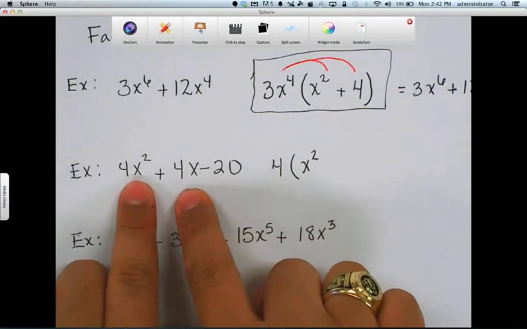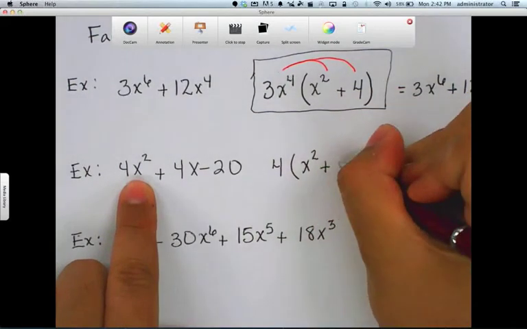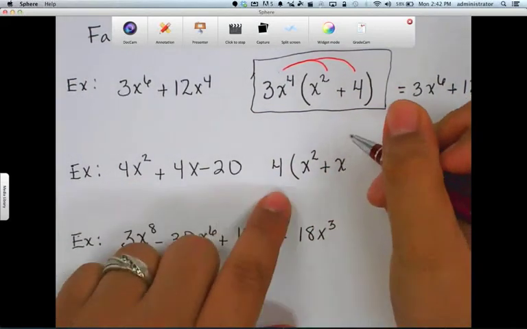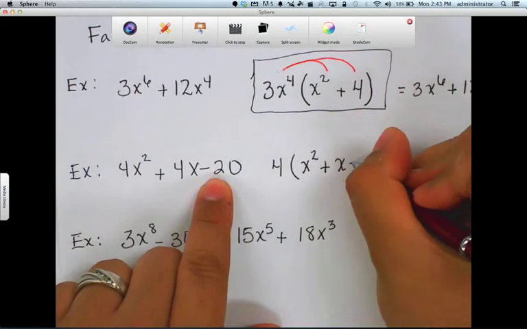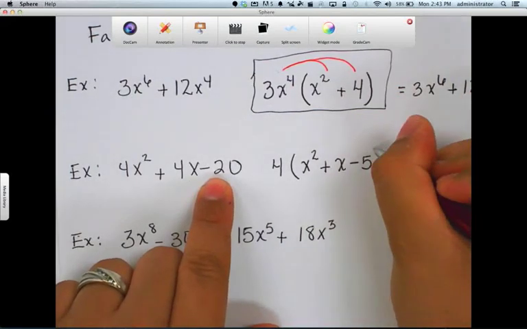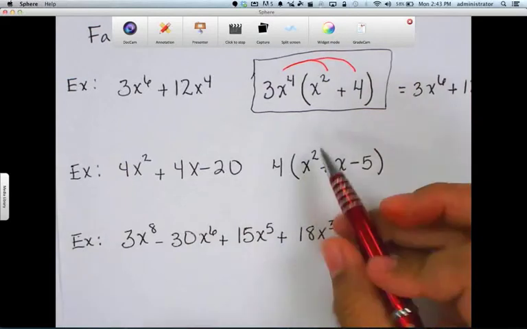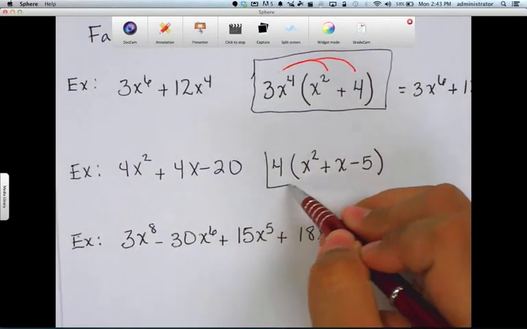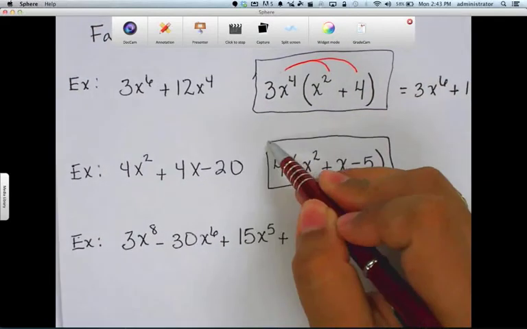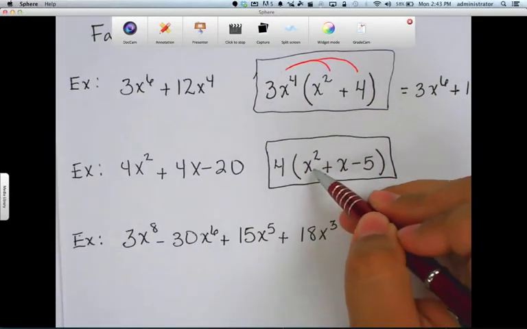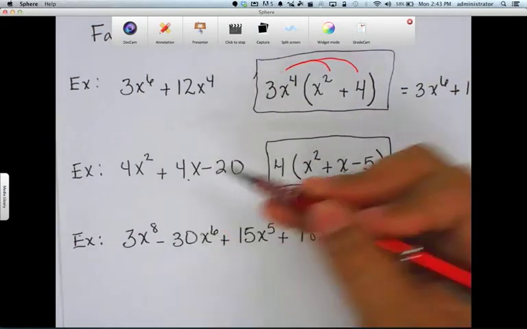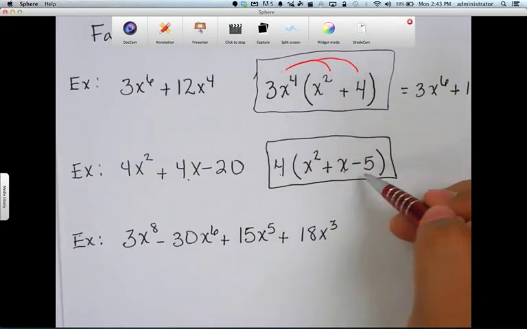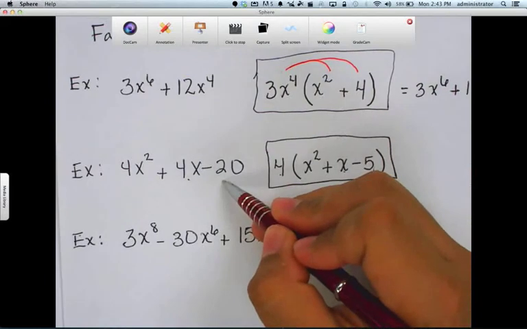Well, again, that's pretty straightforward. Just an x. And then 4 times what gives me a negative 20? Well, that happens to be a negative 5. So there it is. When you do the distribution once again, you should see 4 times x squared, 4x squared, 4 times x, 4x, so plus 4x, and 4 times negative 5, negative 20. So we have that there.